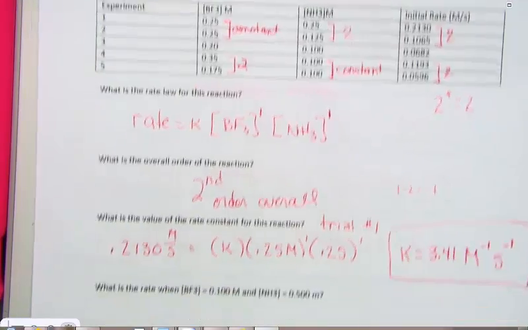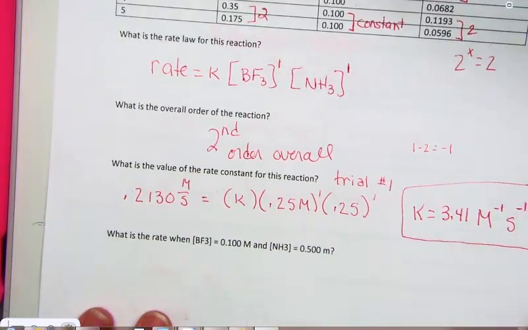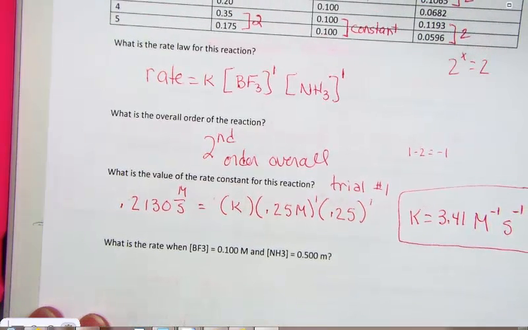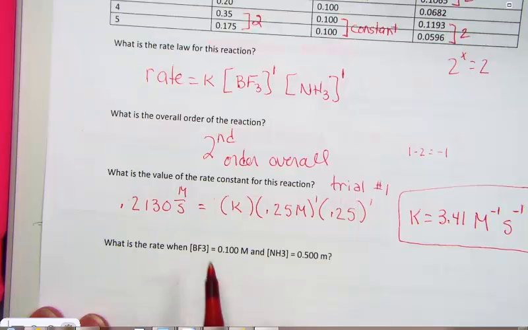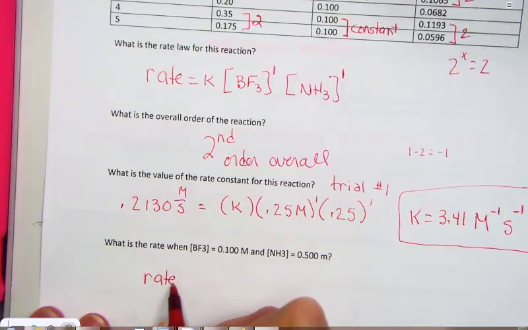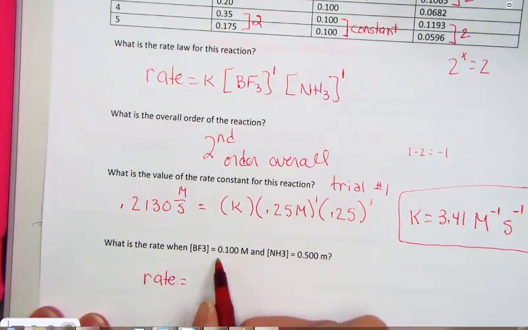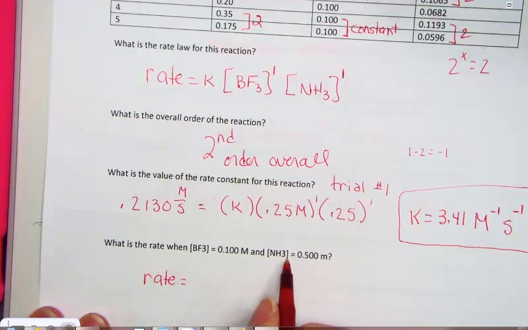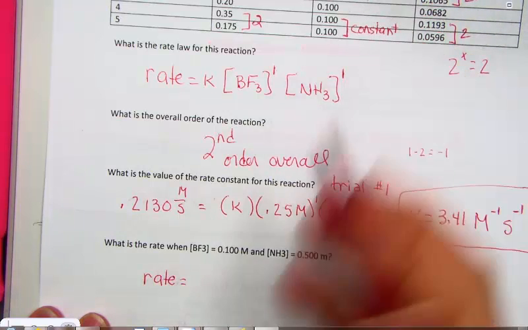Now that we know the rate constant, we're able to vary the concentrations of the reactants and calculate the speed without ever running it in the experiment. We want to know, what would the rate be if I've changed the concentrations to values we never ran up here?